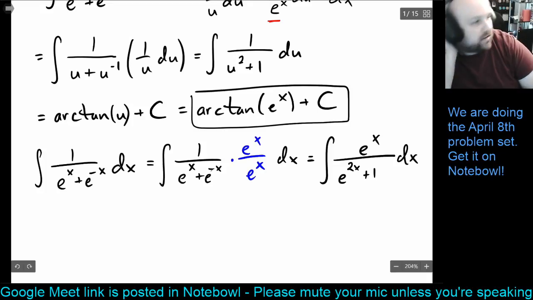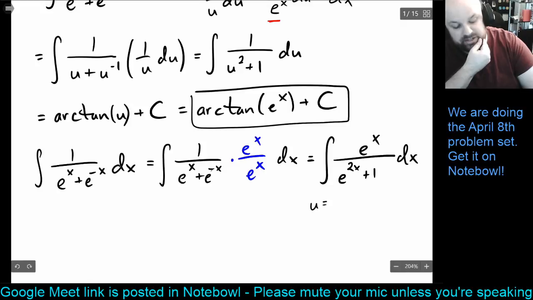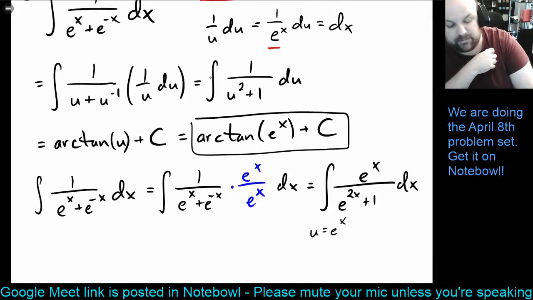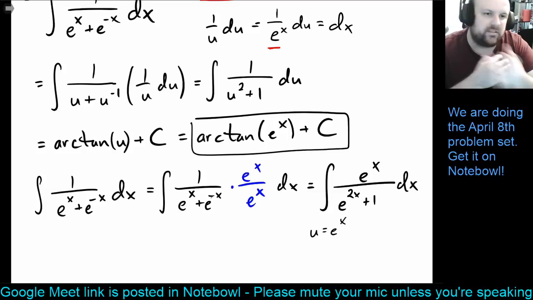Now if you try that exact same u substitution, it's going to work out a lot quicker. You still want to do u as e to the x here, and then you're going to wind up immediately at this spot right here. So you notice we did the same trick in both of them. We had to essentially get rid of that negative power on the bottom.